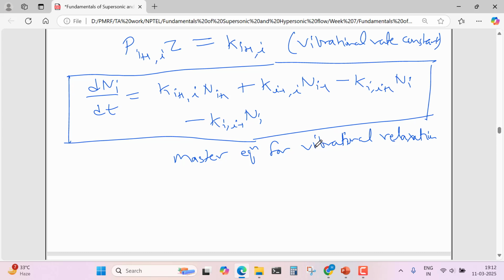Now let's assume that the gas is in equilibrium.